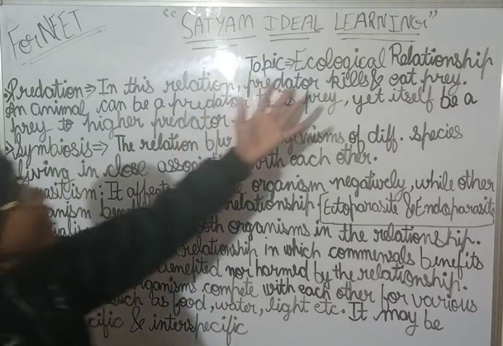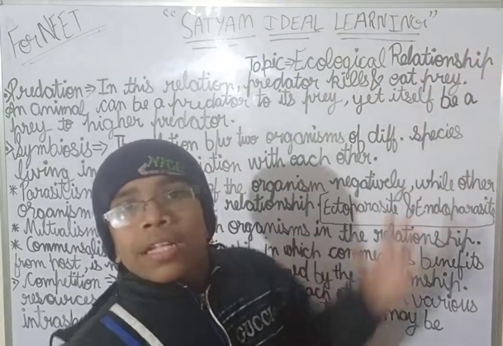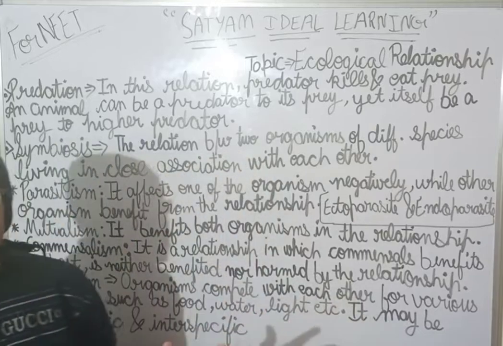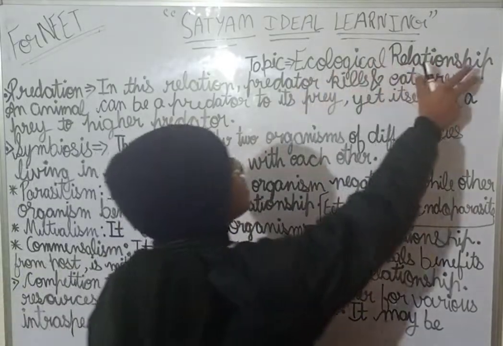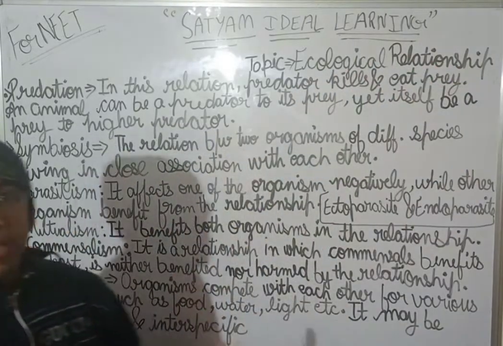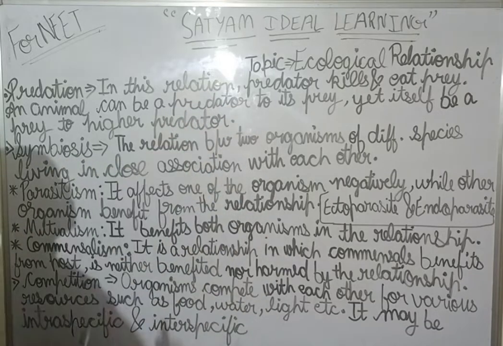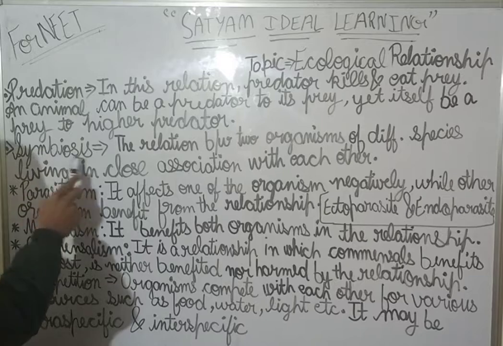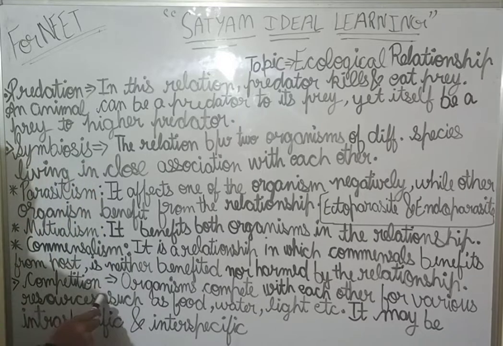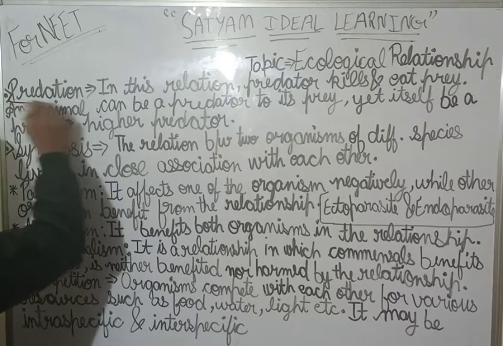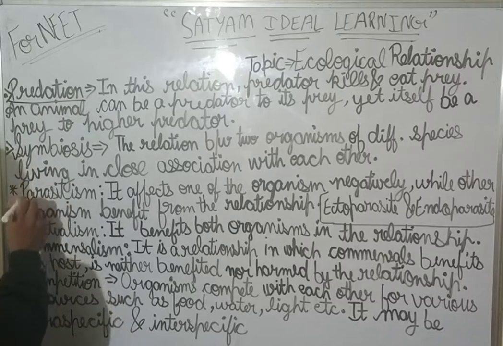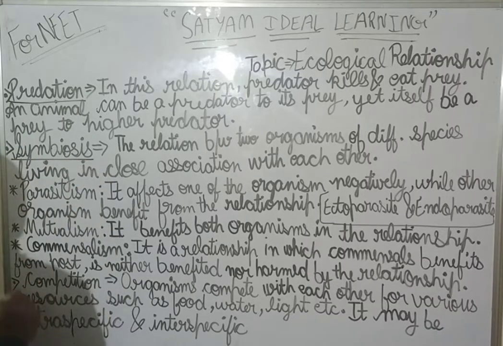Now, in the ecological relationship, there are certain parts. It is divided into mainly three parts: predation, symbiosis, and competition.